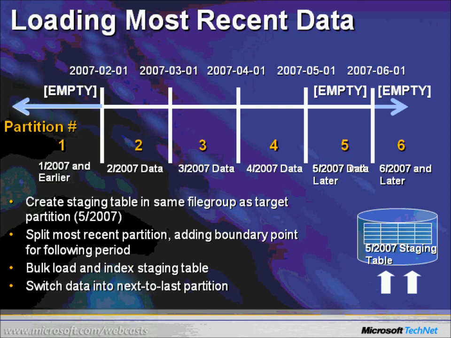Now we'll bulk load and index that staging table, fill it up with data. Finally, we'll switch the data into the next to last partition, number 5. So now we're left in the same state again. We've got an empty partition on each end and full partitions down the middle.